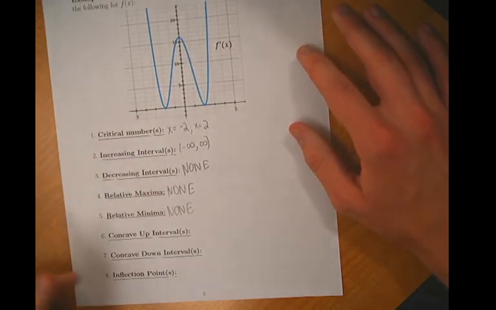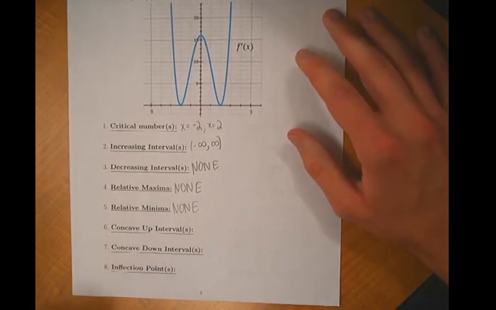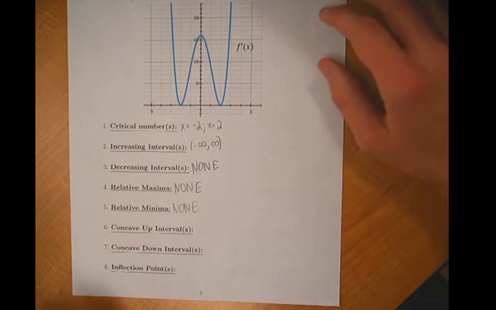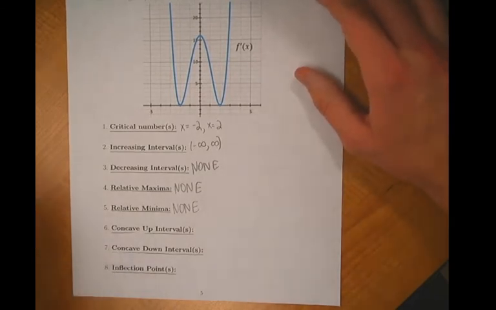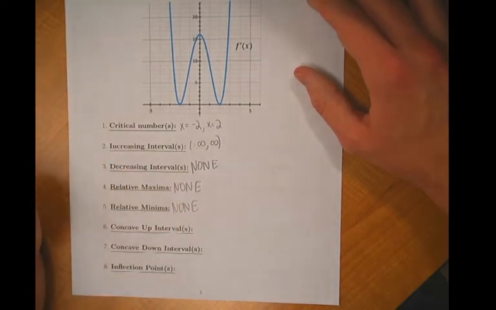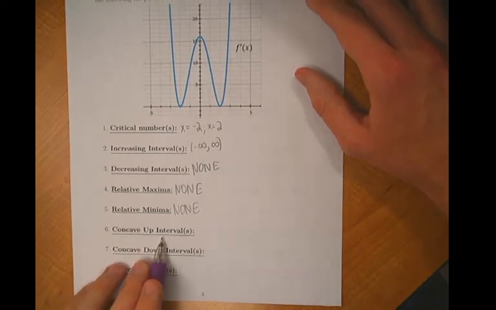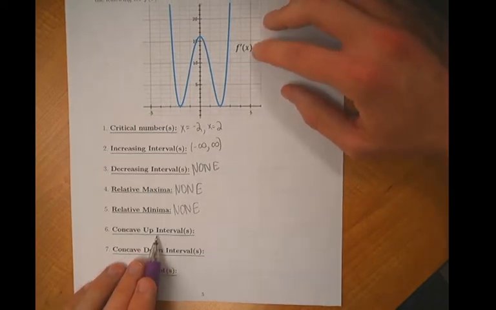But now here's where things get a bit more interesting. For the concave up and concave down intervals, we actually do have to be a bit careful. For the concave up intervals, I said negative infinity. You have to be a bit careful. Remember, concave up corresponds to when f prime of x is increasing, right?